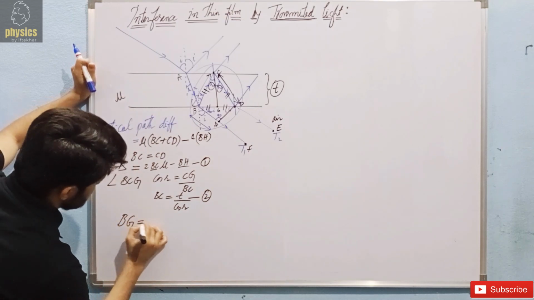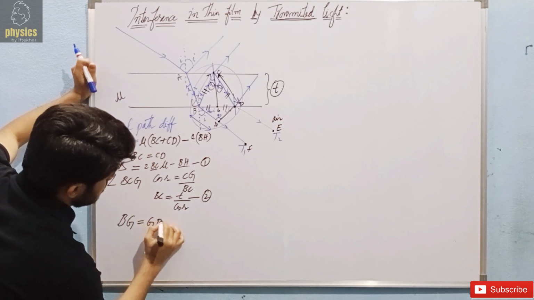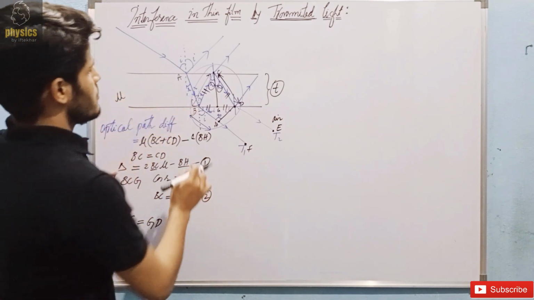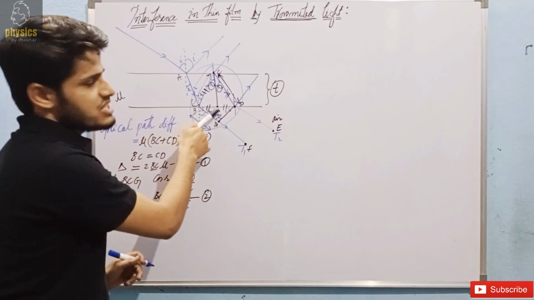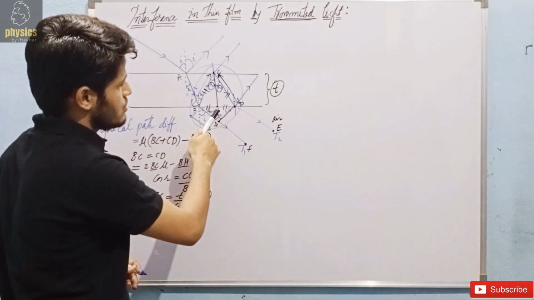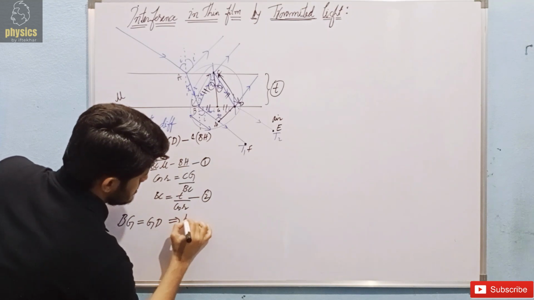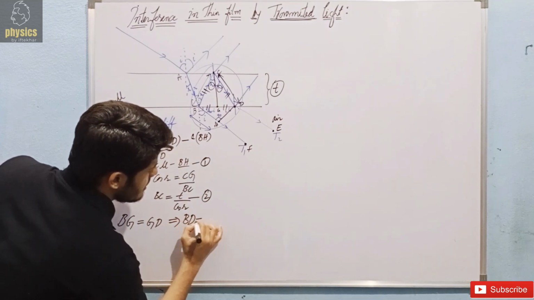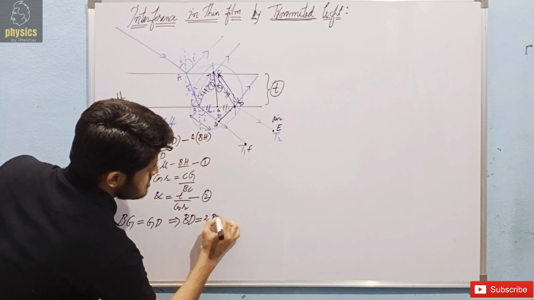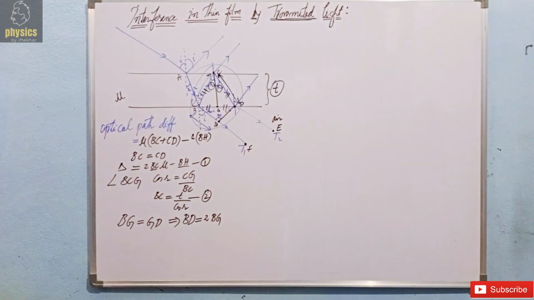We can see from the geometry that the distance BG is exactly equal to the distance GD. That implies the distance BD can be written as 2 times the distance GB.